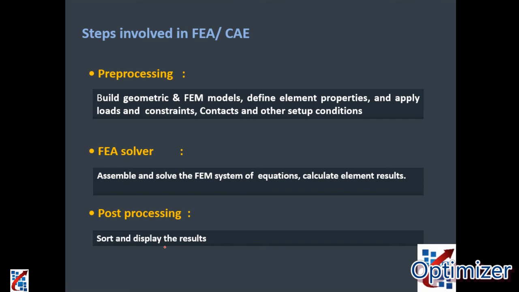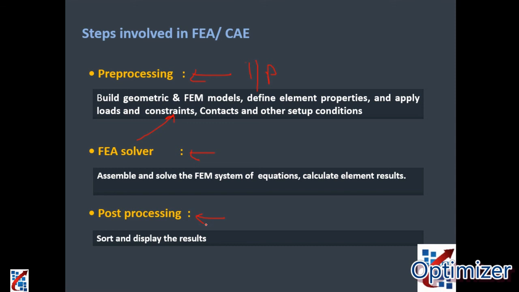It may be importing the CAD model, defining the material properties, or defining the loads and constraints. So the pre-processor is nothing but input. In the solver, you define the type of analysis and give the solve command. And post-processing is the step in which you view the result, plot the result, or analyze the result. So these are the 3 main steps of FEA or CAE.